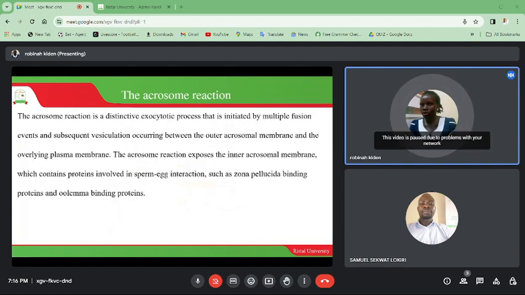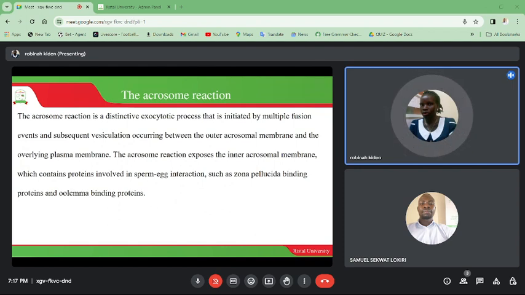So the acrosome reaction is a distinctive exocytotic process that is initiated by multiple fusion events and the subsequent vesiculation occurring between the outer acrosomal membrane and the overlying plasma membrane. So it occurs between the two membranes.